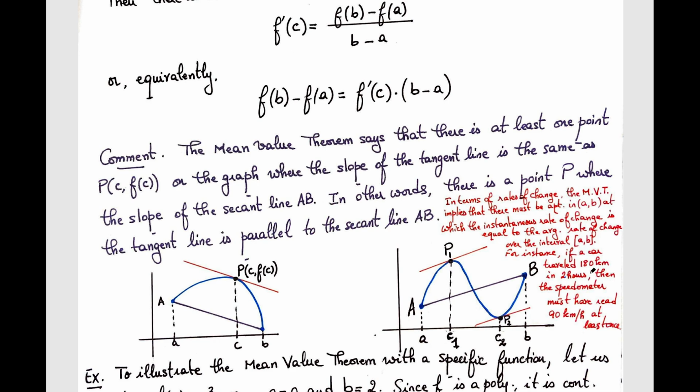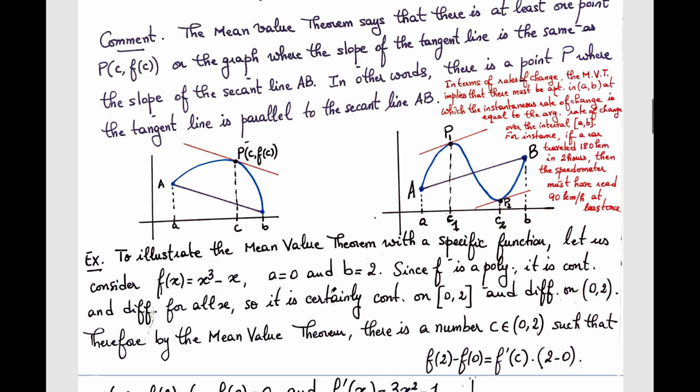And this is intuitively correct, right? If you know that this car traveled 180 kilometers in 2 hours, then somewhere, this speedometer must have read 90 kilometers per hour at least once. By at least once, it means the existence of at least a moment where this happens. Okay.